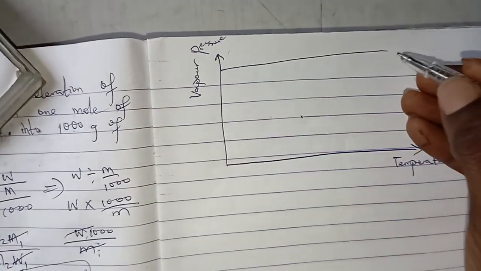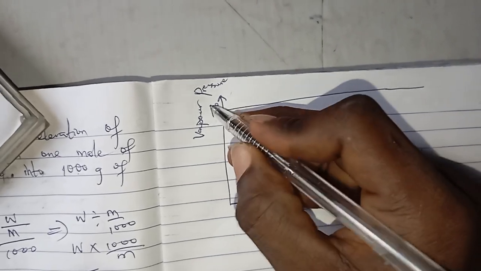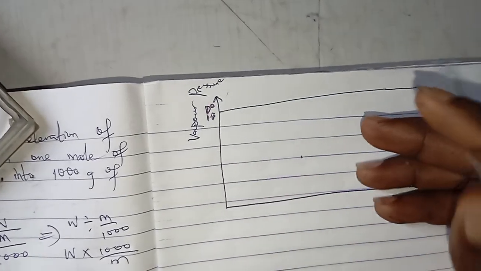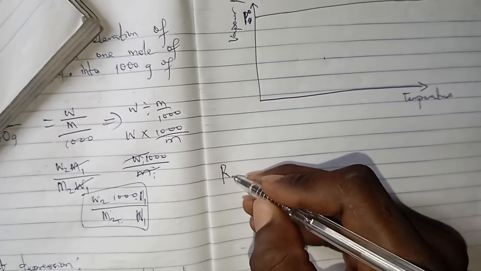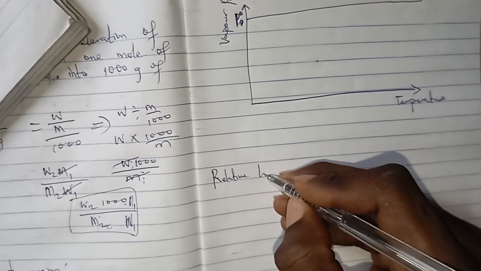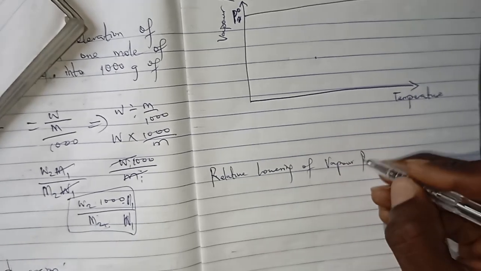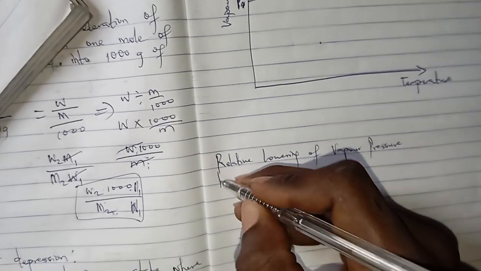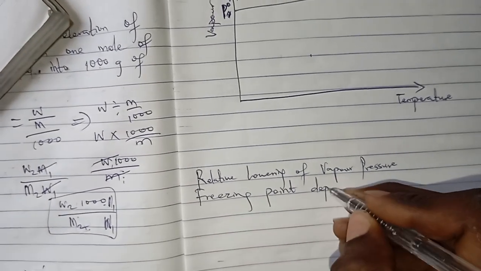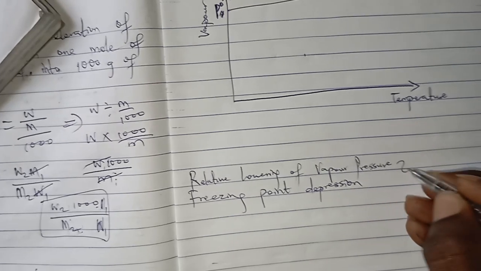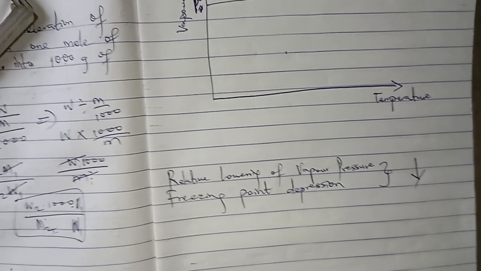So we know that vapor pressure of solvents is always the highest. Once you add solutes, you need to know this. In fact, see how I normally teach my students. You need to know that for relative lowering of vapor pressure and freezing point depression, once solute is added, these two will go down, they will drop.